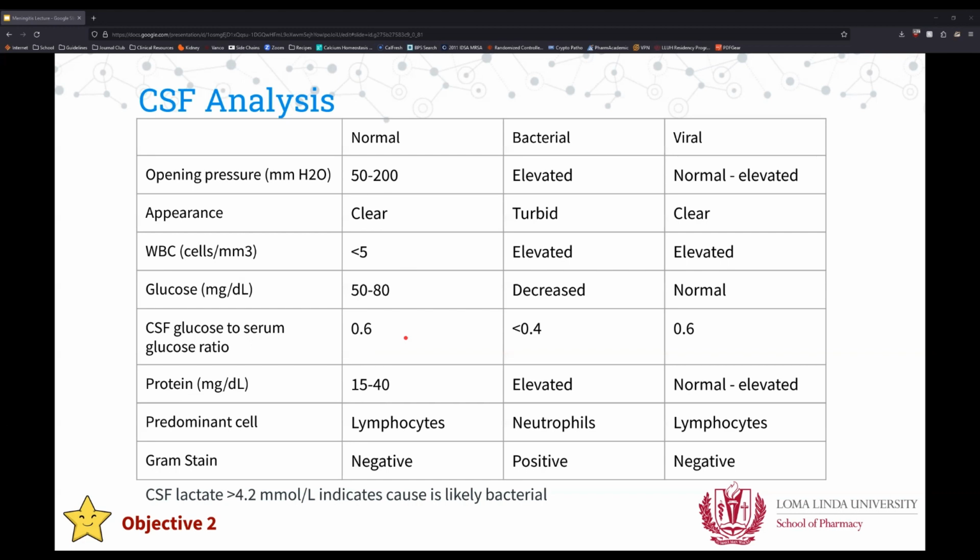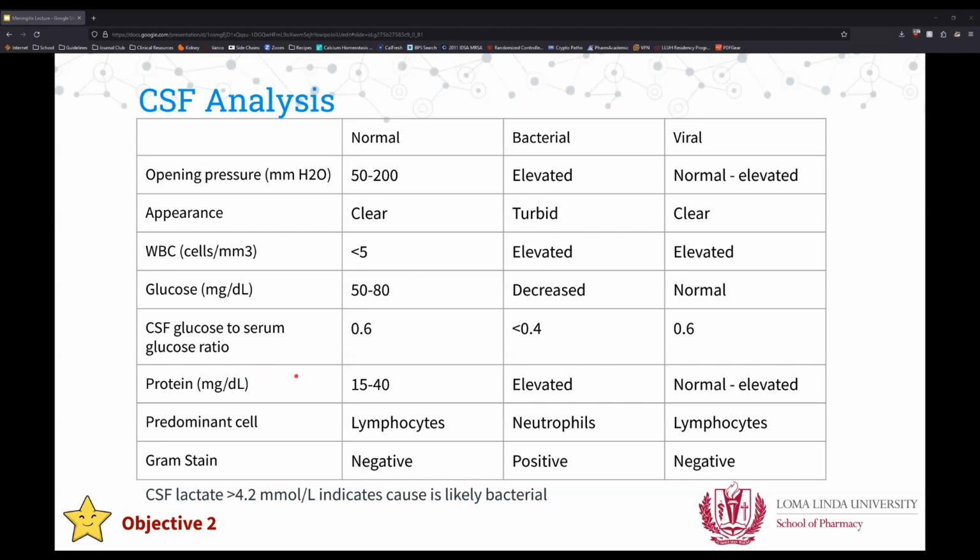So for example, if my blood sugar is 200 and my CSF glucose was 80, then you'll do 80 divided by 200, comes out to be about 0.4. And that is how you calculate this ratio specifically. And based on that ratio, that will help us determine whether it's viral or bacterial as well.